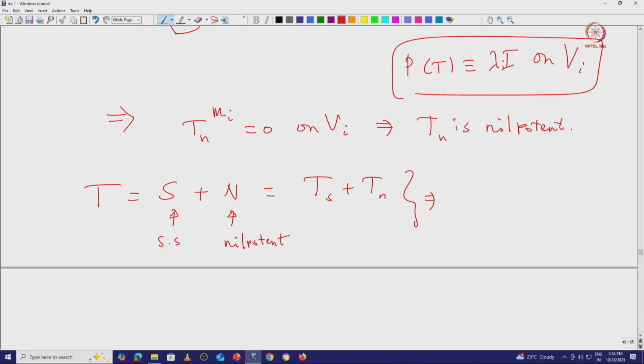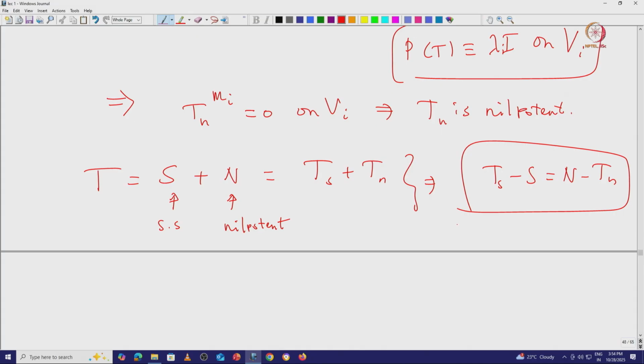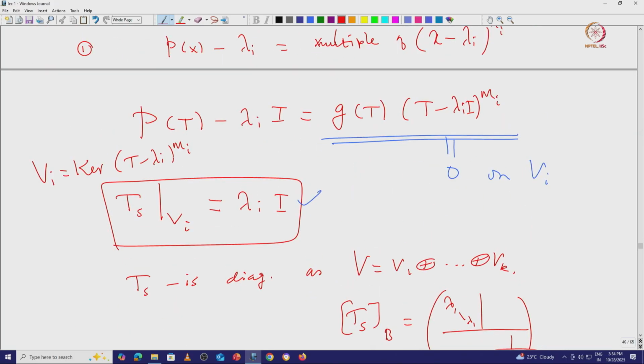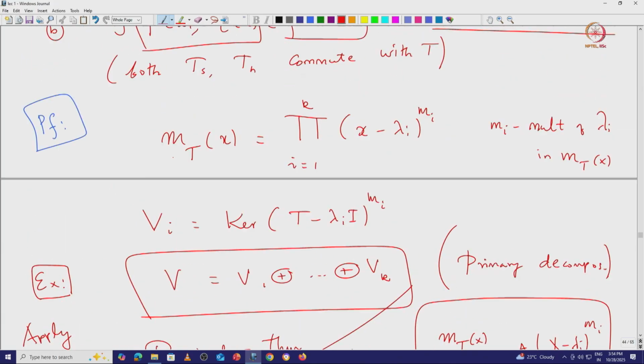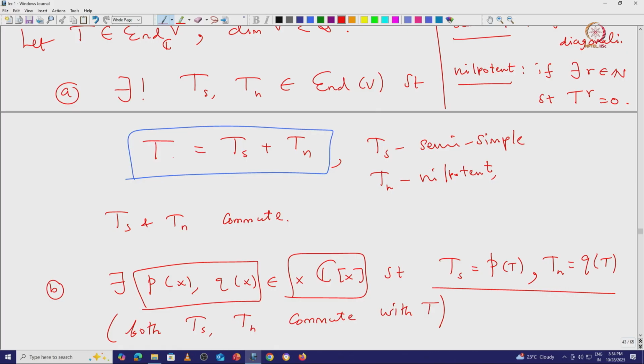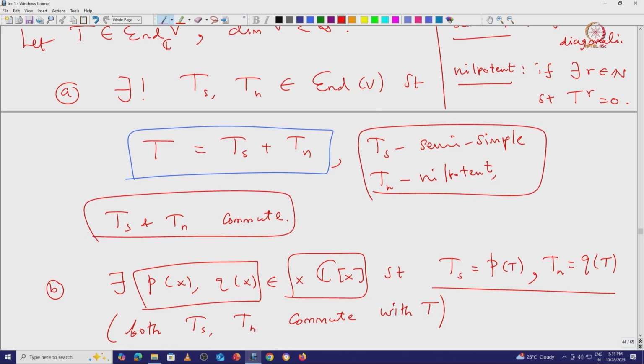You collect the semisimple terms on one side, T_s minus S, and the nilpotent terms on the other side, and note that it is easy to see all these operators appearing here commute with each other. So, S and N commute with each other. This property is very important; it is part of the property of the decomposition T_s and T_n.